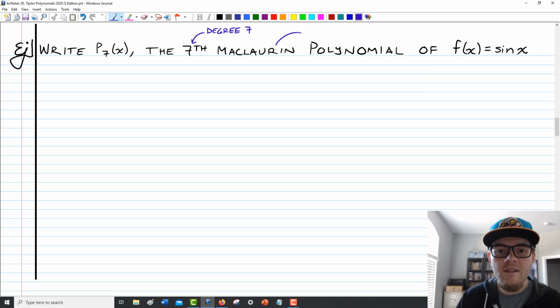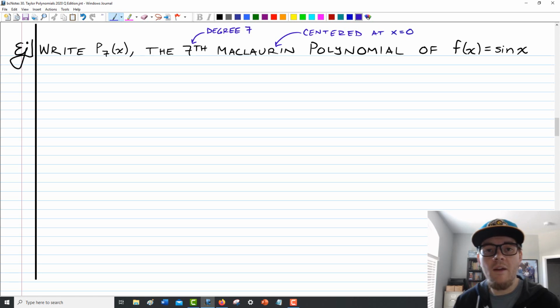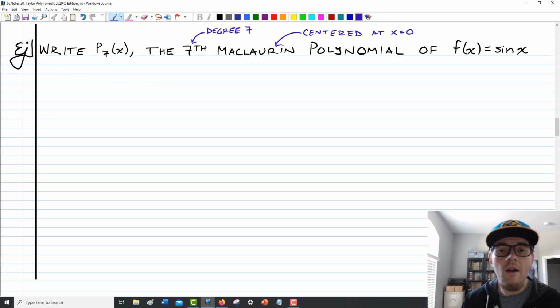Second, because it says Maclaurin, that means it's going to be centered at x equals 0, meaning instead of plugging in x equals c or some other number, we're going to be plugging in x equals 0 every single time. So we'll be evaluating derivatives at 0 and multiplying by x minus 0 to a certain power. Keep that in mind. That's the beginning step. Now, from here, we want to generate the entire polynomial and we want to go out to degree 7. So here's my recommendation.